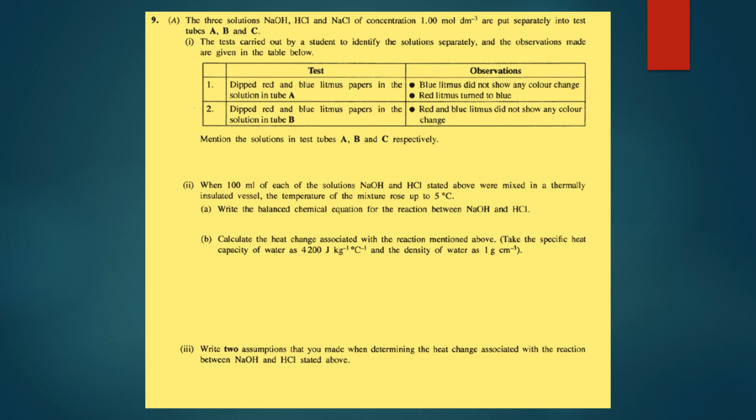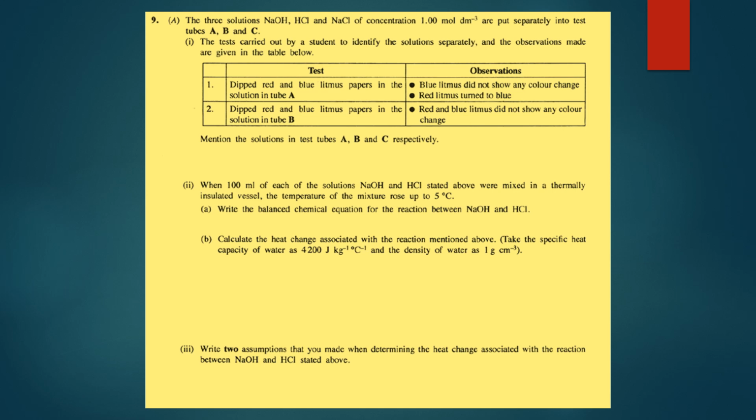Test 1. Dip red and blue litmus papers in the solution in tube A. Observation. Blue litmus did not show any color change. Red litmus turned to blue. If the red litmus turns to blue, it should be a base. So A should be a base, that is sodium hydroxide.